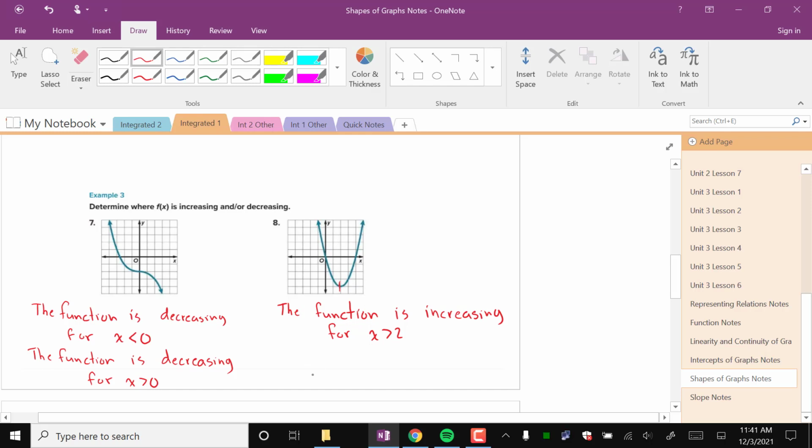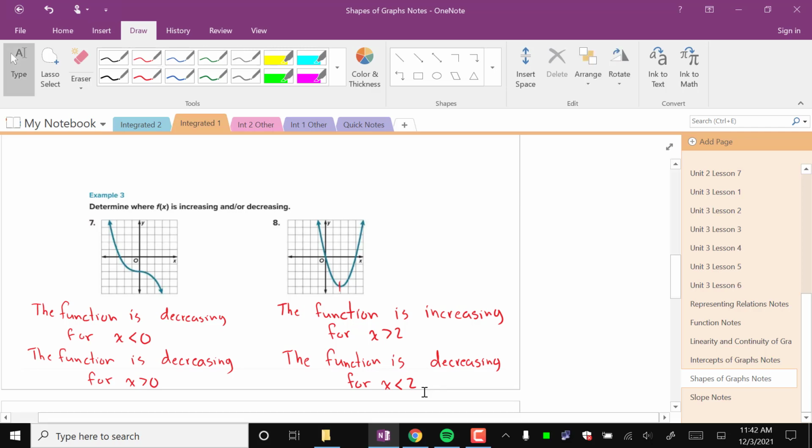Now the function is decreasing for x less than 2. So increasing when x is greater than 2, decreasing when x is less than 2.